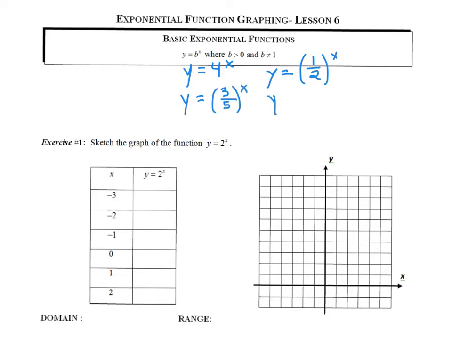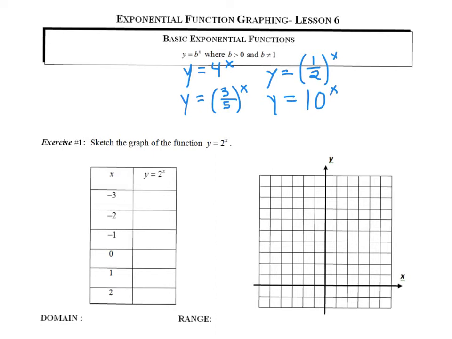Or y equals 10 to the x power. All of these follow the form y equals b to the x, and it's really important that you can identify what an exponential function looks like. So you'll notice that the base is a number and the variable is in the exponent.